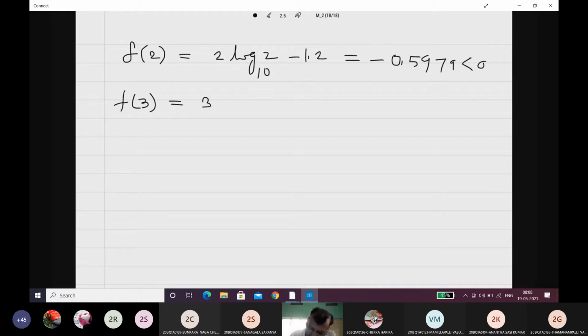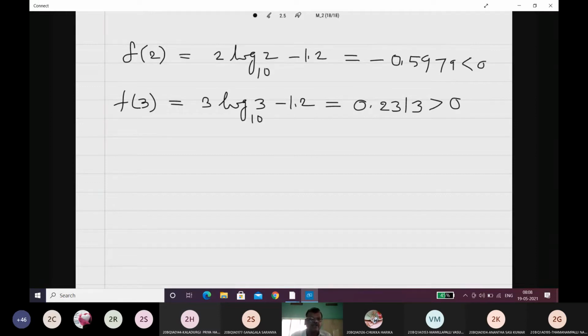That is equal to 3 log 3 base 10 minus 1.2. 0.2313. It is positive. That means we have to observe that one is positive and the other is negative.